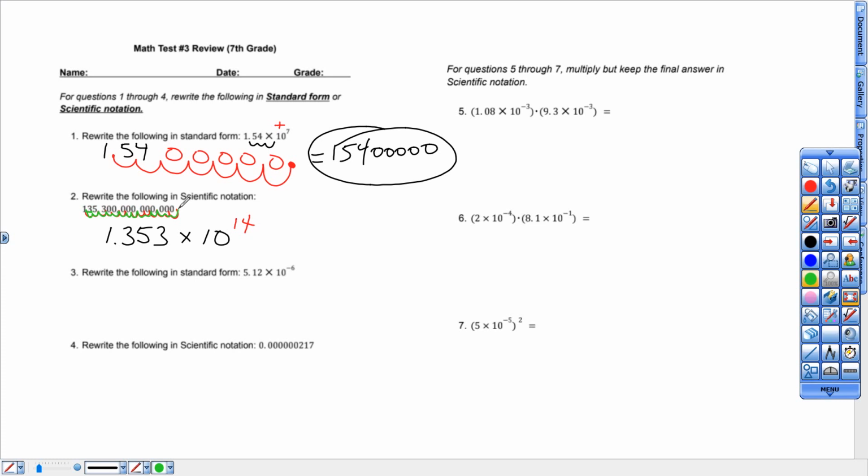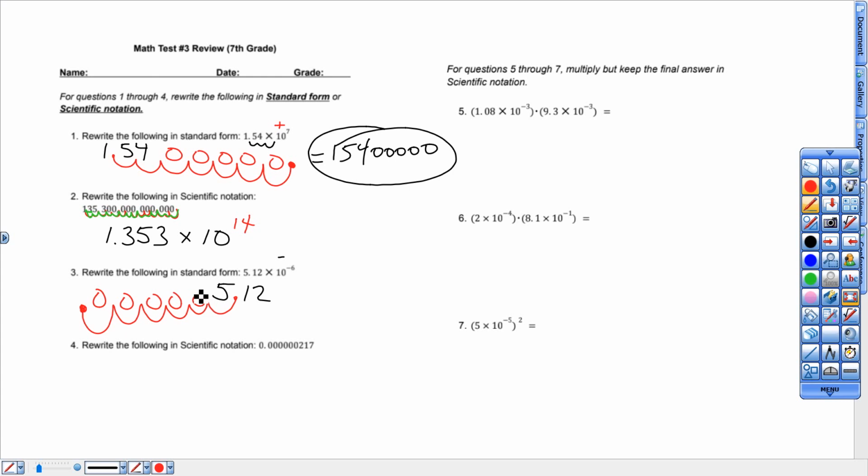All right, keep going. 5.12, lady. This one, you are moving that decimal to the left because that's negative right there. So if I move that 6 places to the left, 1, 2, 3, 4, 5, 6, this is where the new decimal is going to go. And I fill in 1, 2, 3.